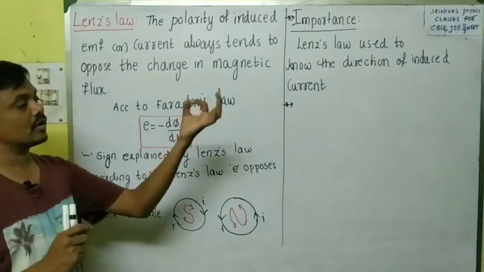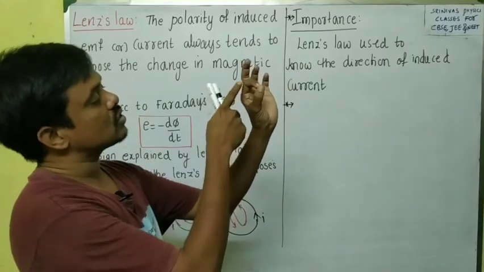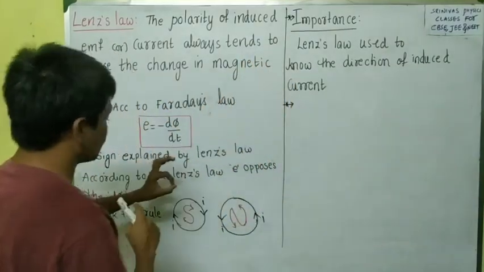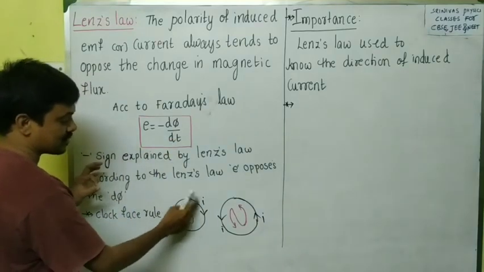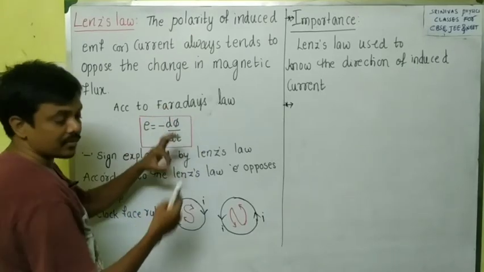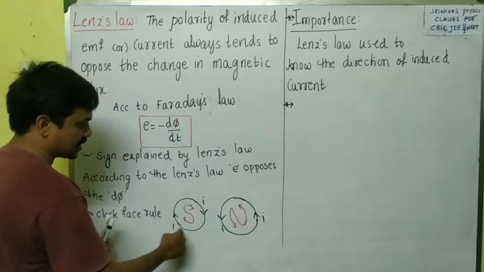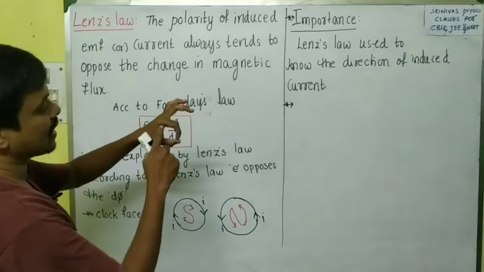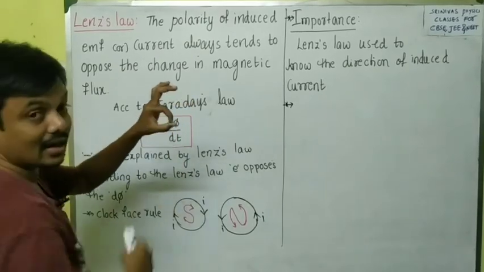Now, take any one loop, and consider the phase of the loop which is towards you. If in that phase the current appears as clockwise, then that phase will act as south, and the other phase will act as north.